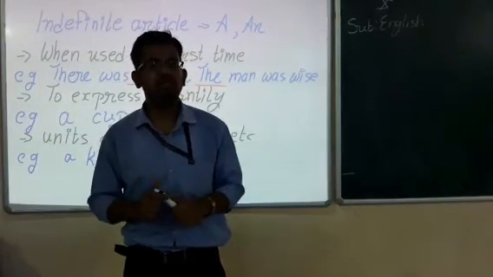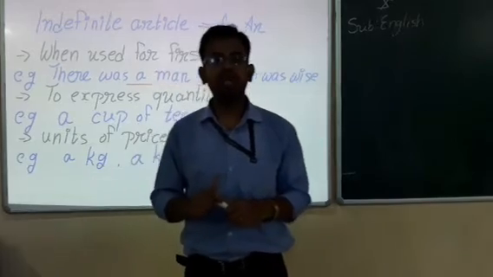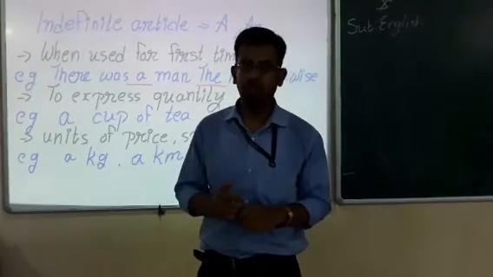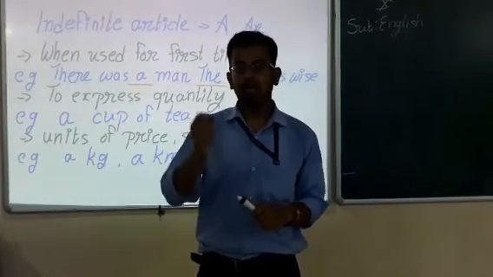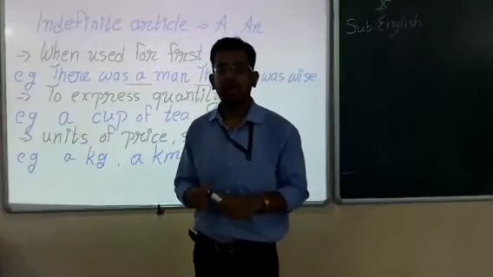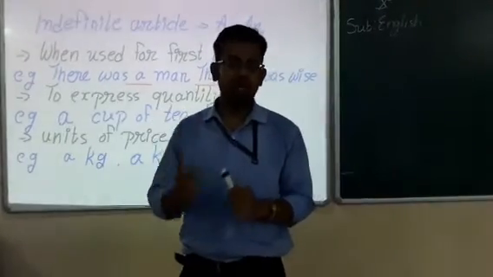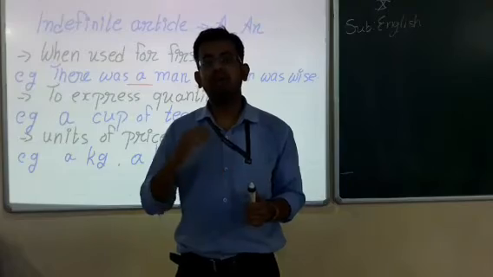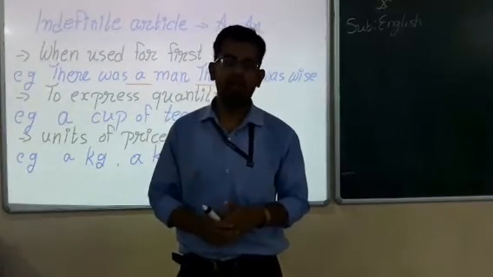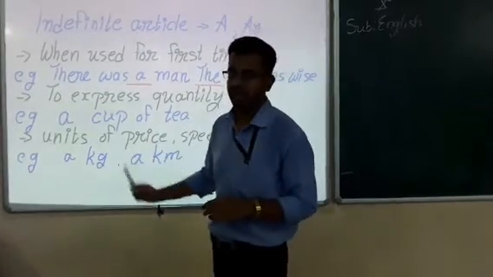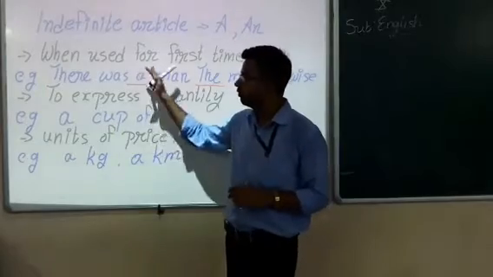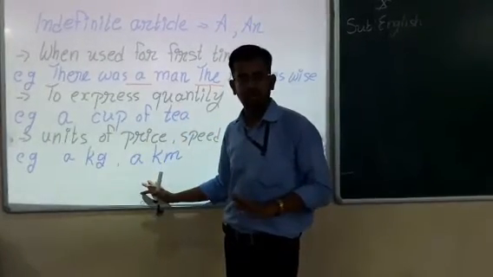So look at this sentence. In place of 1 kg of sugar, we can say I want a kg of sugar. I want a liter of milk. In place of I want 1 liter of milk, we can use a. So first 3 points clear, students?